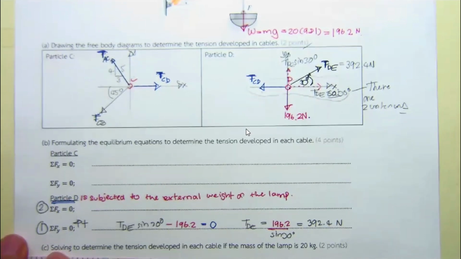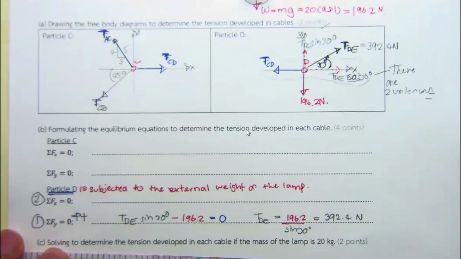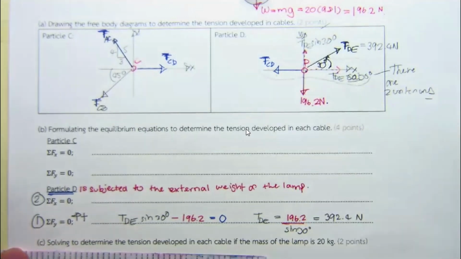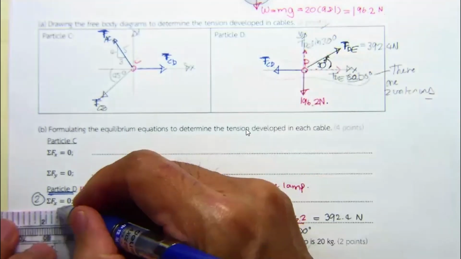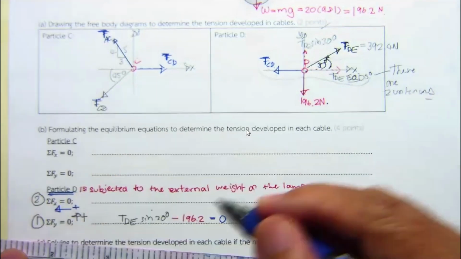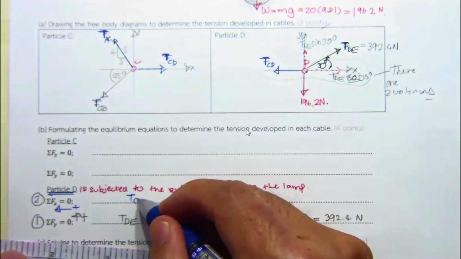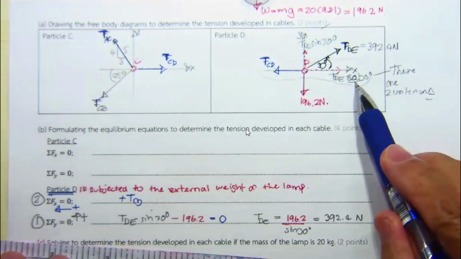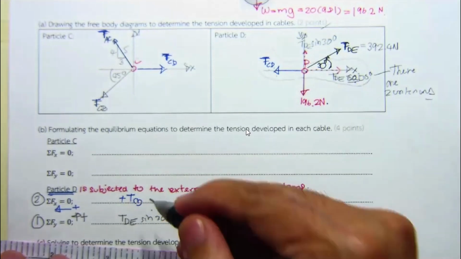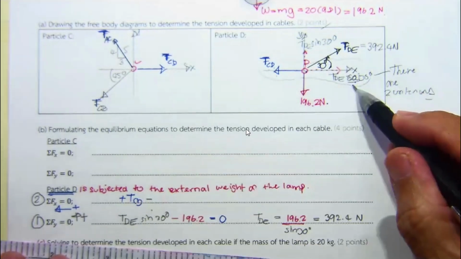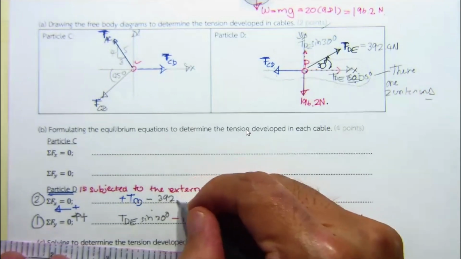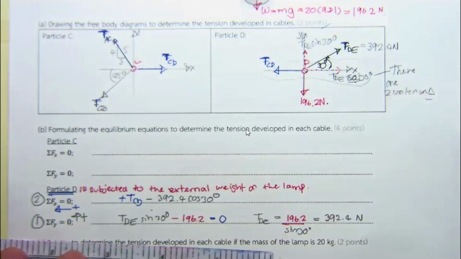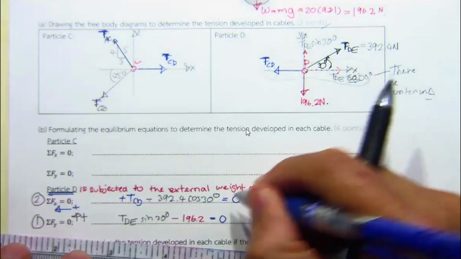You go next to step 2. For the summation of forces in x equal to 0, now you're looking for T sub CD. Put T sub CD in the horizontal direction to be positive. This one is going to be negative, so minus T sub DE, 392.4 cosine 30 degrees, and put it equal to 0.